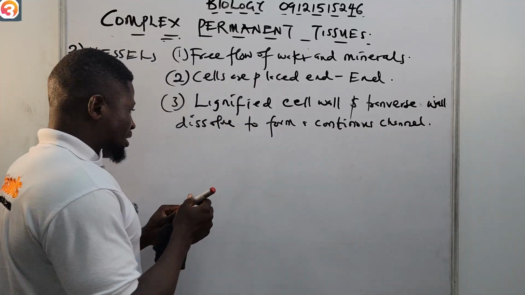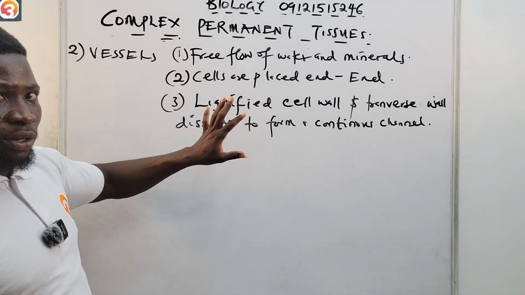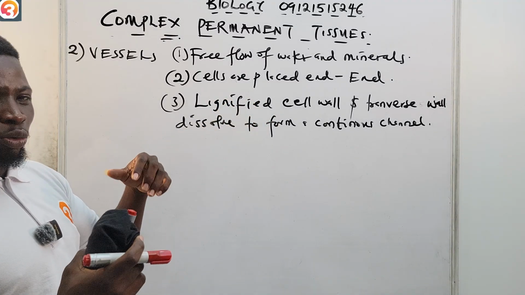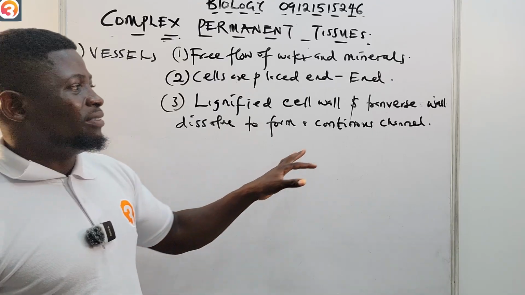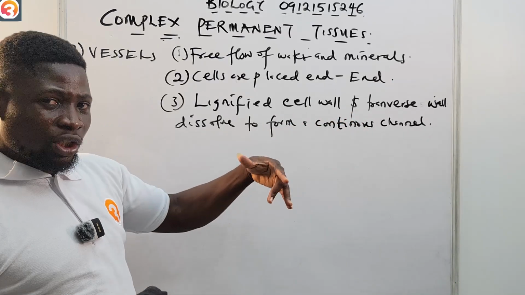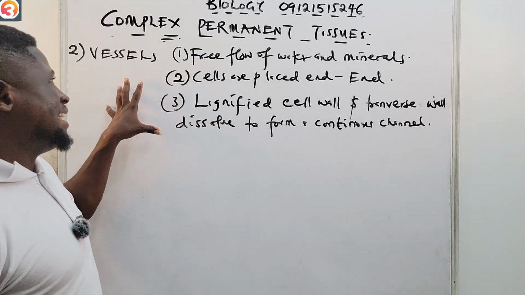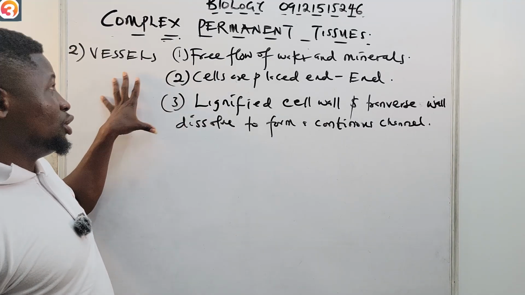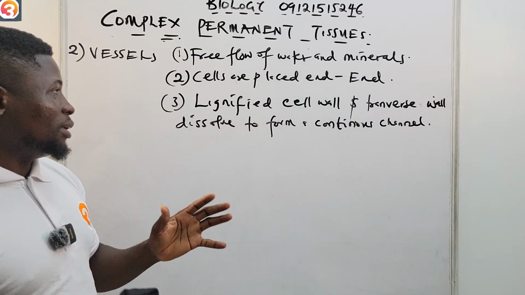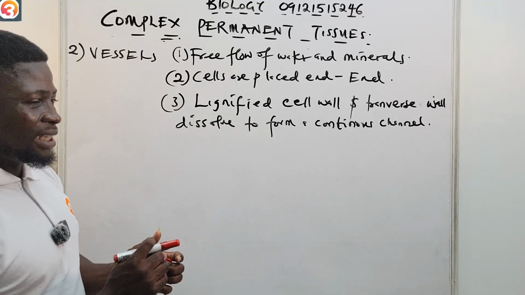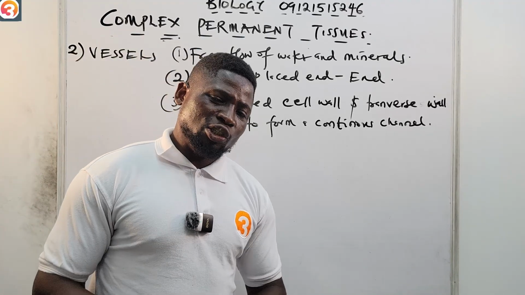So please take note of this also. So these are the characteristics of the vessel. They allow for free flow of water and minerals. The cells are placed end to end, they have the lignified cell wall, and the transverse walls dissolve to form a continuous channel.